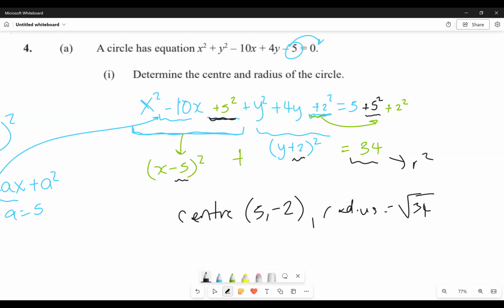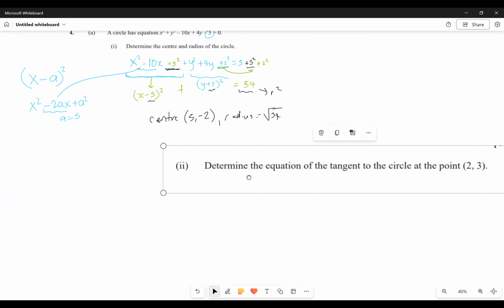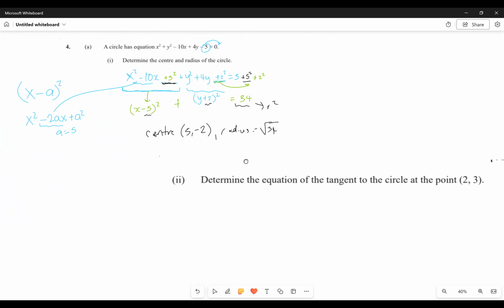The next part of the question then says, okay, determine the equation of the tangent to the point 2, 3. To do that, we're going to find the gradient. So m is going to equal the change in y over the change in x, right?